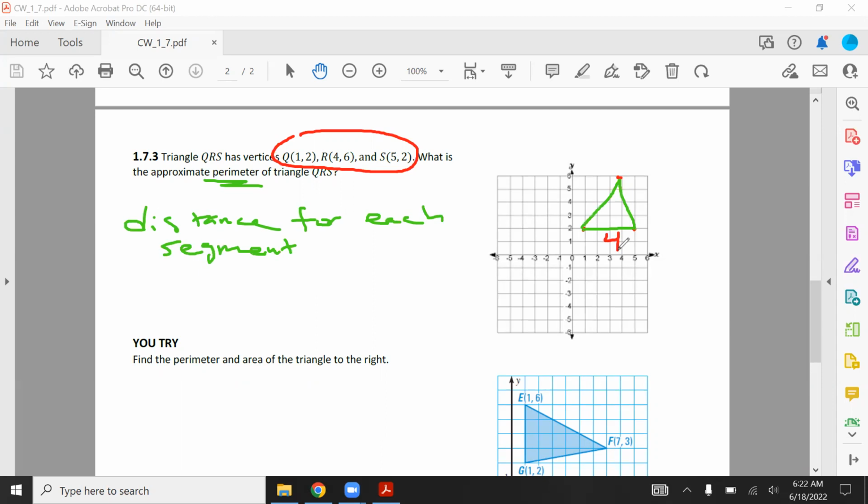That's the length of 4, okay? That's pretty easy, it's not too bad, because you're going from 1 to 5, and that's horizontal. Now, let me label these other two sides as A, B, right?